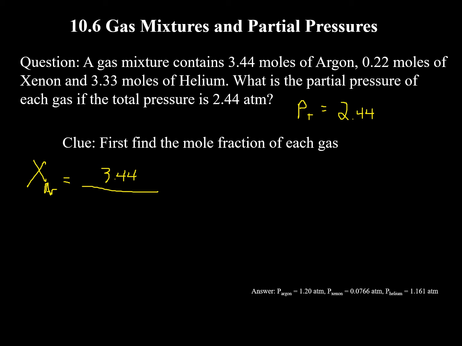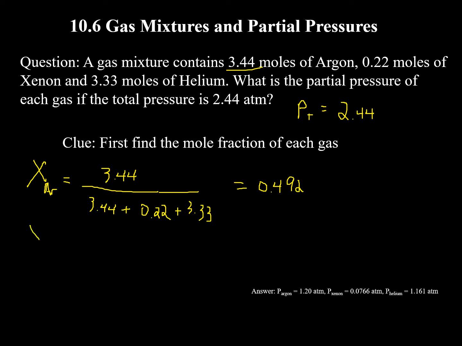This is from the question, divided by the total moles, so 3.44 plus 0.22 plus 3.33, we get 0.492. Again, the units will cancel, moles and moles.